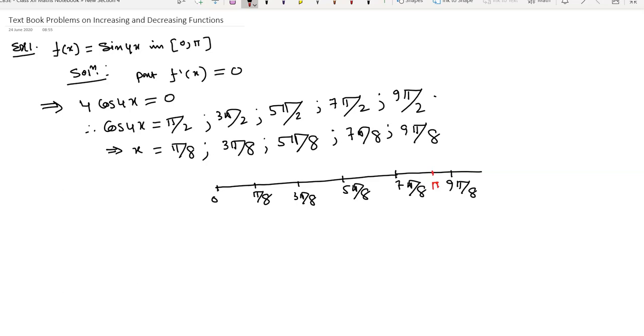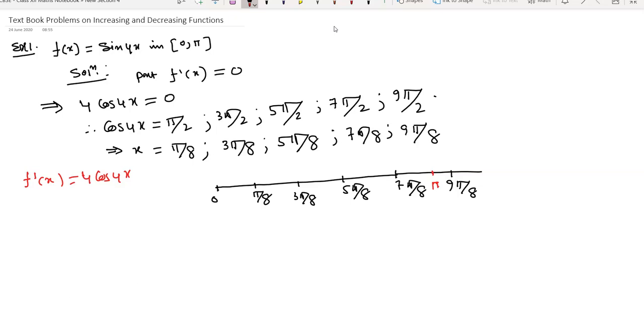So now our aim is to consider the signs of which one? Signs of f dash x. That f dash x we have calculated before. f dash x here it is 4 cos 4x. Now how to decide the sign of 4 cos 4x on this interval? So I'll suggest you to take the shortest interval and then go for alternate plus and minus sign. Okay.